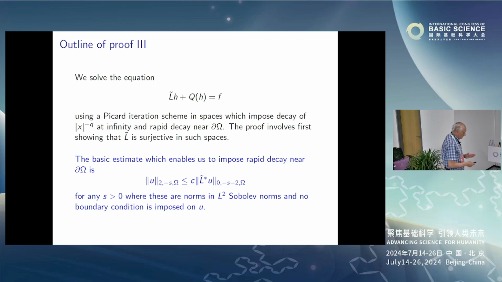The important thing about this estimate, which makes it work, is, well, there are two things. One is of course the decay at infinity, and the other is the fact that there's no boundary condition imposed on U at the finite boundary points.